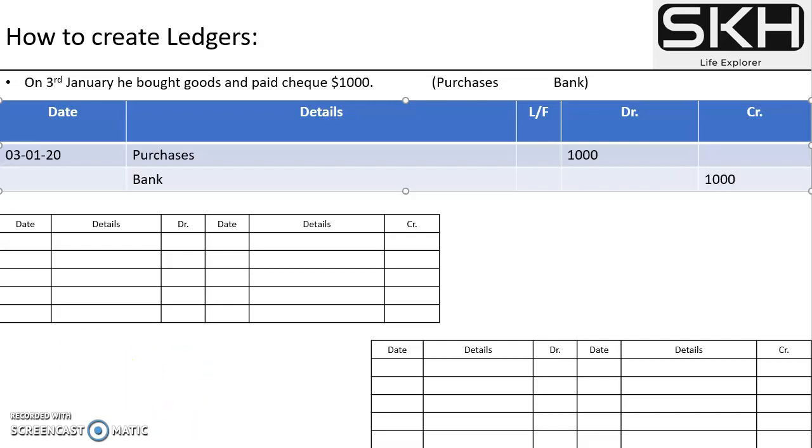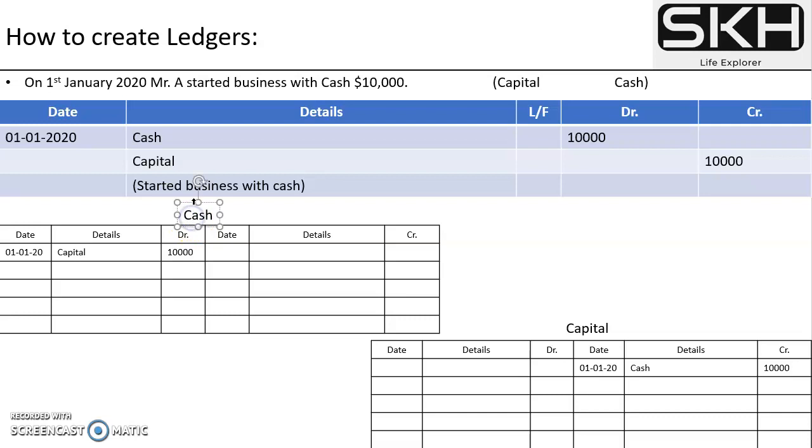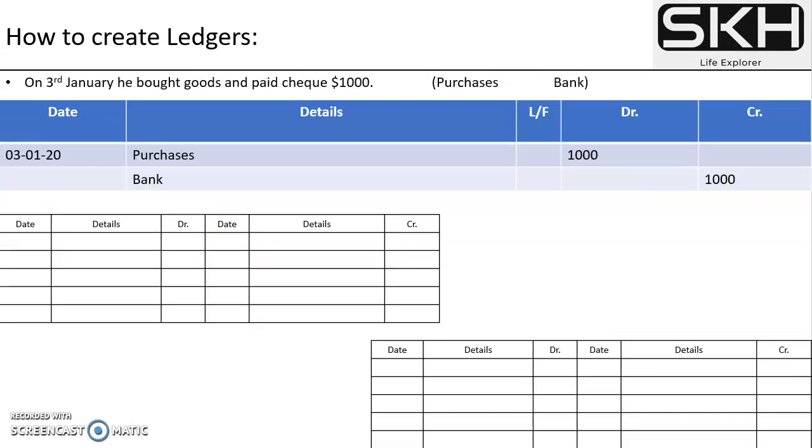So now if I create the ledger, I have to create two more ledgers again. The first one is purchases. Here I will write purchases, and the second ledger that I have to create is bank, because I created cash before. So cash is a different ledger than bank.